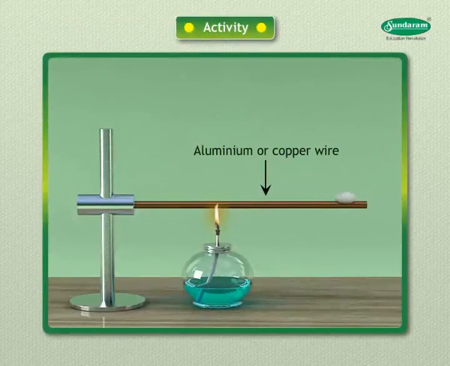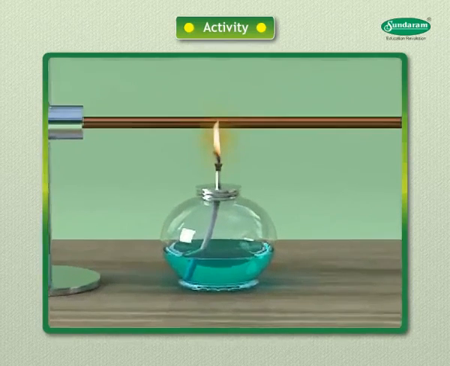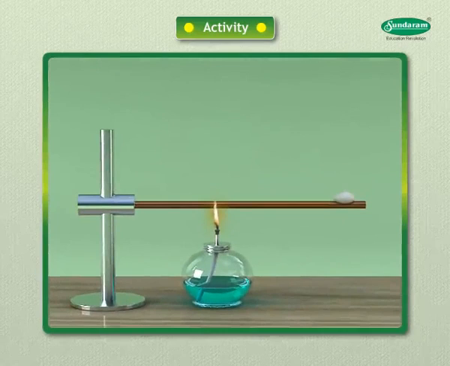Take an aluminium or copper wire. Clamp this wire on a stand as shown in the figure. Keep a wedge of butter on the free end of the wire. Heat the wire with a spirit lamp or a burner near the place where it is clamped. Does the metal wire melt?